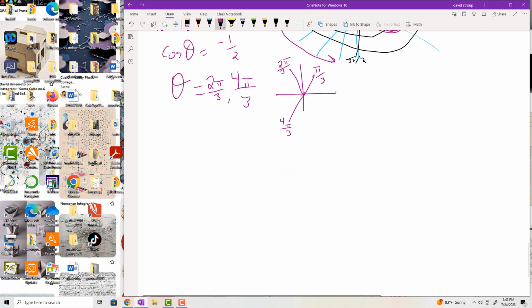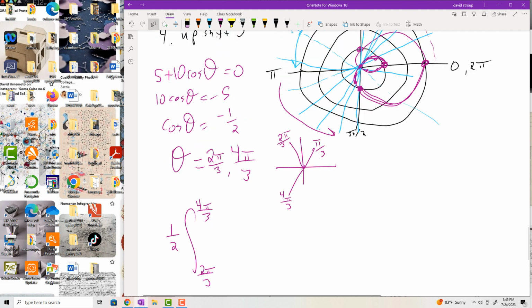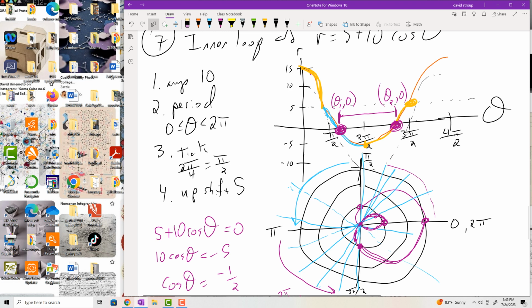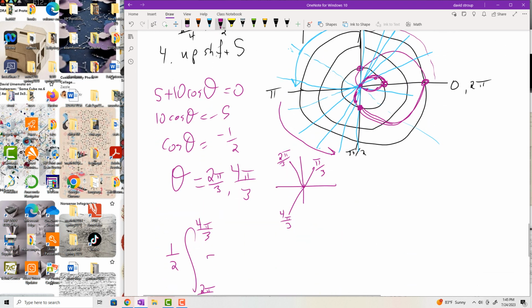Right, so our integral will be 1/2 integral going from 2 pi over 3 to 4 pi over 3. And unfortunately, it's kind of nasty, right? You're going to have to FOIL (5 plus 10 cosine of theta) squared d theta.